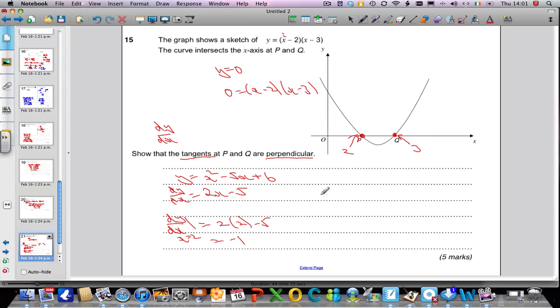And next one, dy/dx evaluated at x equal to 3. And we get 2 times 3 minus 5. 2 times 3 is 6, 6 minus 5 is 1. Well, let's check. If I multiply 1 times minus 1, do I get minus 1? Indeed I do, which means, therefore, they are perpendicular.